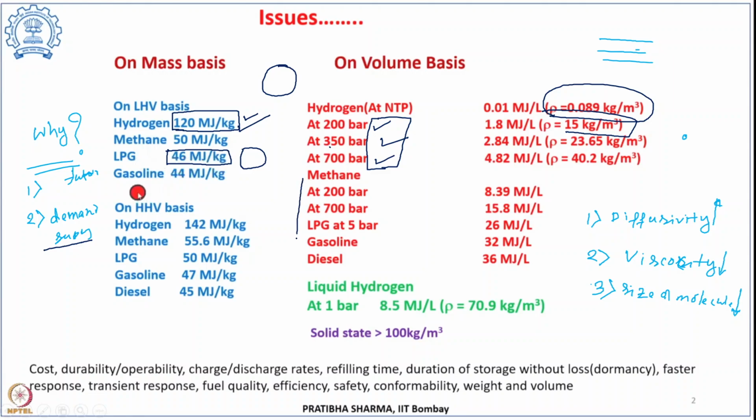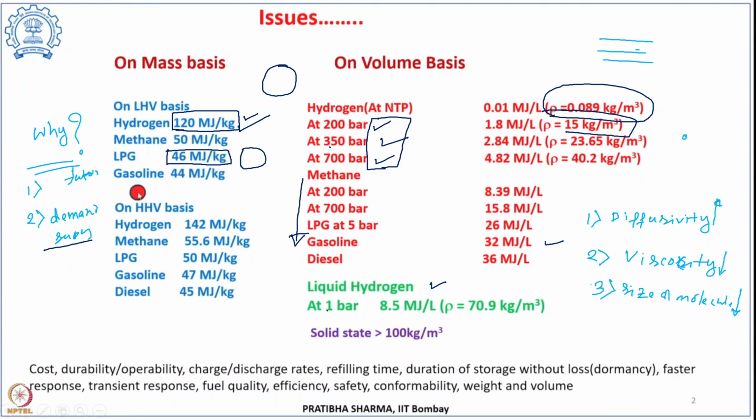Simultaneously, the other fuels like methane, gasoline and diesel have 32 megajoule per liter, 36 megajoule per liter for the diesel calorific value. We can store the hydrogen in liquid conditions also. We can store the hydrogen as a highly compressed gas, and also we can compress the hydrogen and change its state from gaseous to liquid.